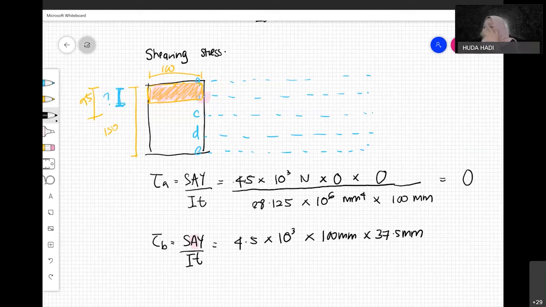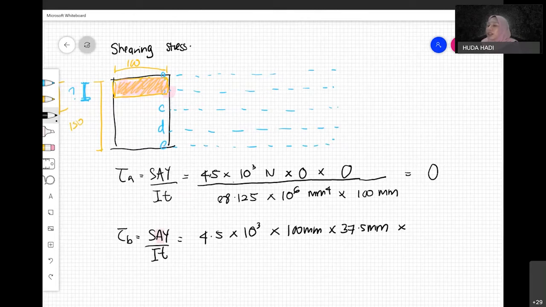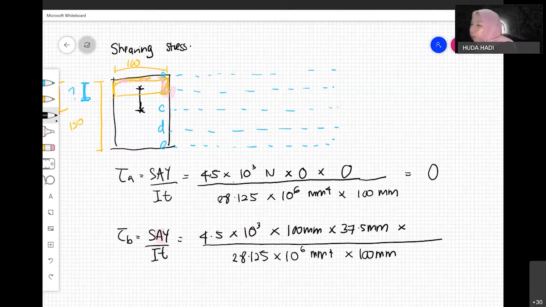Panjang darab tinggi, area. And then you darabkan dengan Y, which is distance from centroid area above B to centroid of the beam section. So beam section you centroid dia dekat C lah, which is here. So daripada centroid area above B pergi dekat tu, ada tanda warna hitam tu. Siapa nak jawab? Should be half of 37.5.